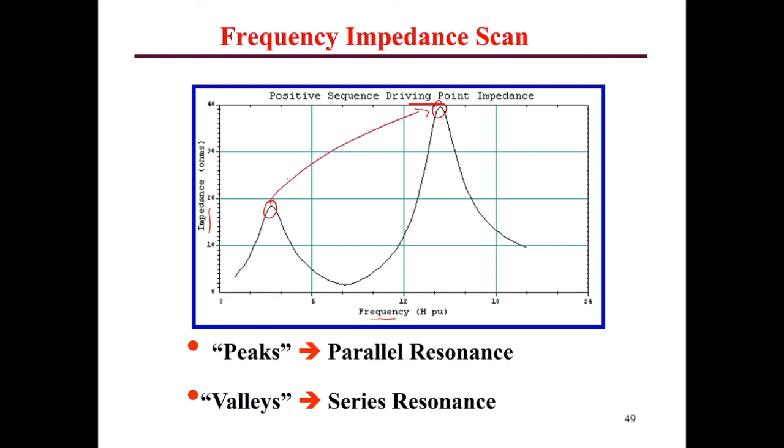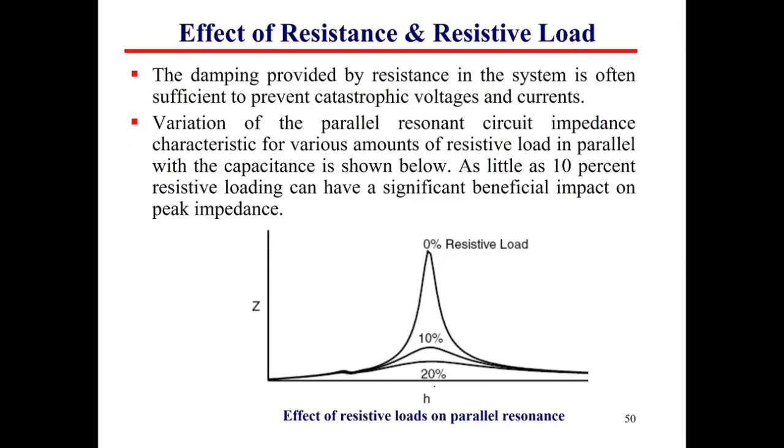So that will indicate we have parallel resonance over here, and over here series resonance, and maybe again over here we have another series resonance. Same thing over there. So any peak indicates the parallel resonance, any valley indicates the series resonance.